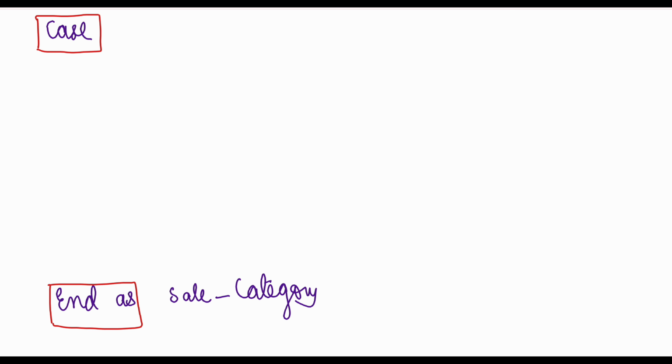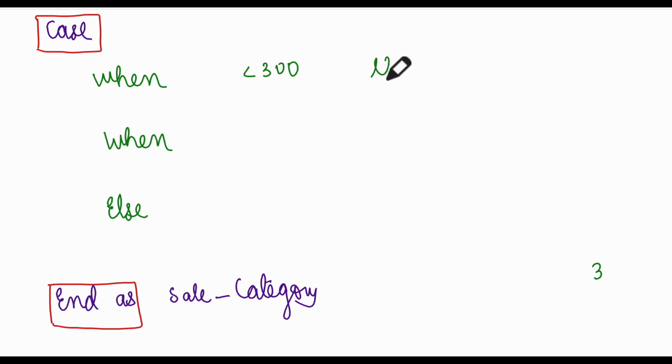Now we will write down the when statements. For example, let us say I want to create 3 categories. So there will be one when, and then another when. And for the third, you don't need to write a when specifically. You can instead write down else. So how will you write? When sale is less than 3,000, then low.